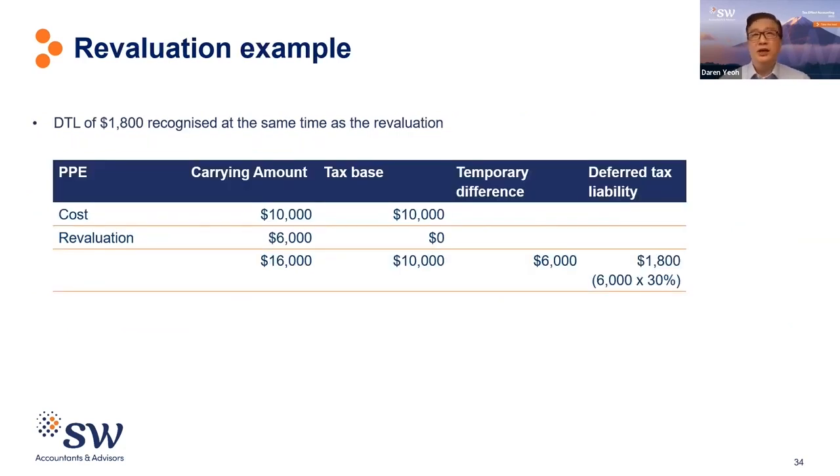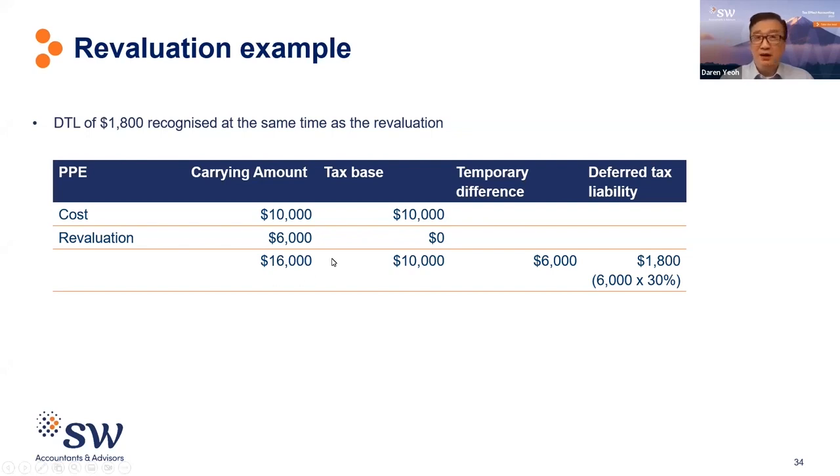Let's look at a situation where you revalue an asset. So let's say you have a plant equipment which costs 10,000. So the tax base equals 10,000. And let's say, for simplicity, you immediately revalue it by $6,000. That revaluation does not change the tax base of an asset.